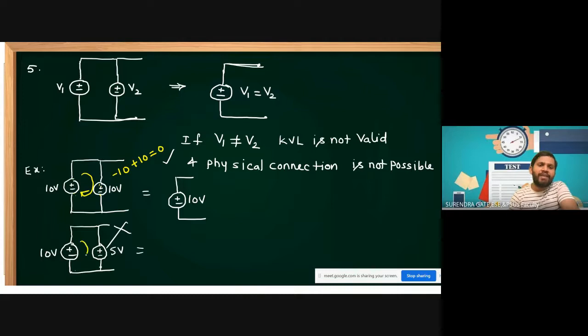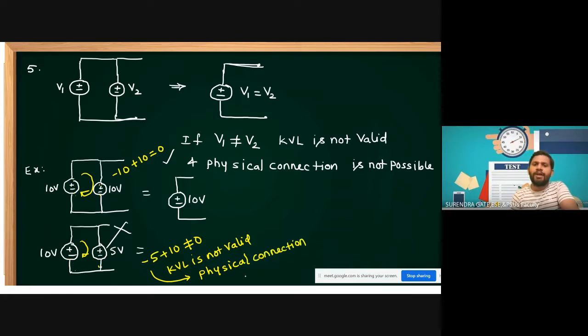If you apply KVL here, moving from plus to minus, minus 5, negative to positive, plus 10. Is it equal to 0, students? No. That's why KVL is not valid. Once the KVL is not valid, physical connection is not possible. This is the reason.